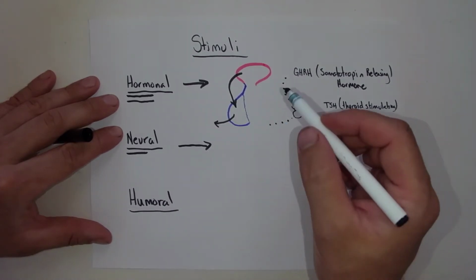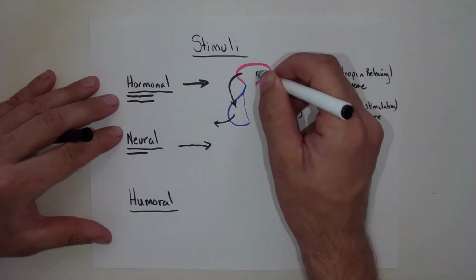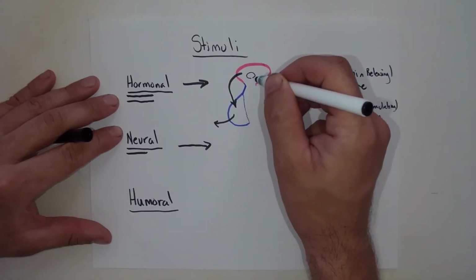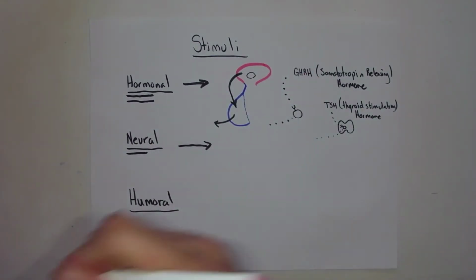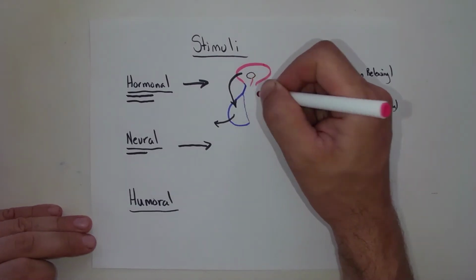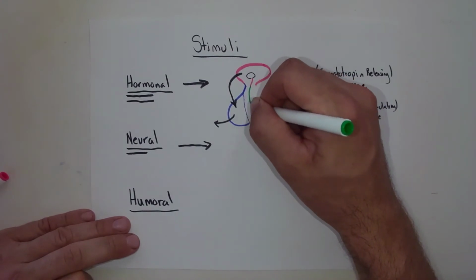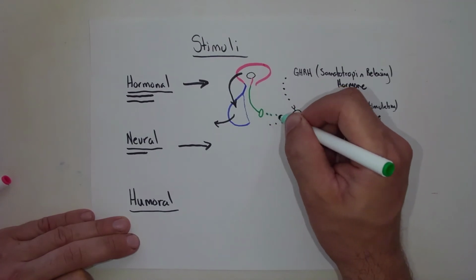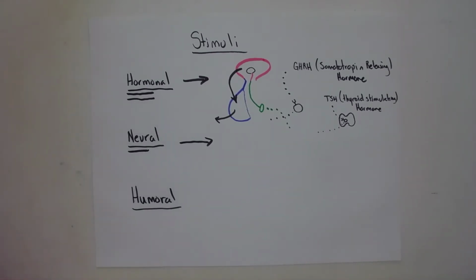We've seen how the nervous system can cause the cells of the paraventricular nucleus to send their axons, or an action potential down the axon, to the axon terminals in the posterior pituitary to release oxytocin. Okay, so this is an example of neural stimuli.